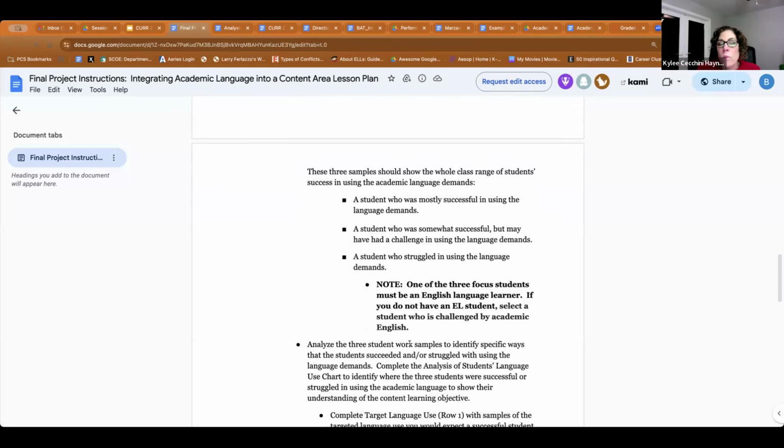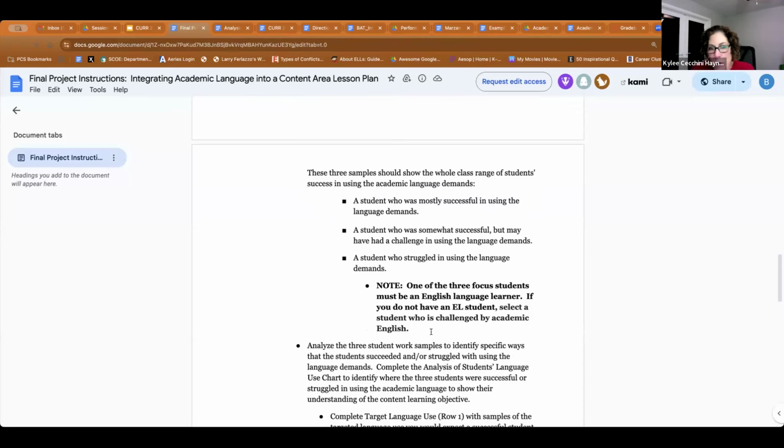Now, what I would like you to do, if you can, is that one of your 3 focus students, one of these 3 work samples, was done by an English language learner. All right. Why am I doing that? Because the EdTPA does that. Okay. That's not something I'm making up. That's them. They want one of the students to be an EL.